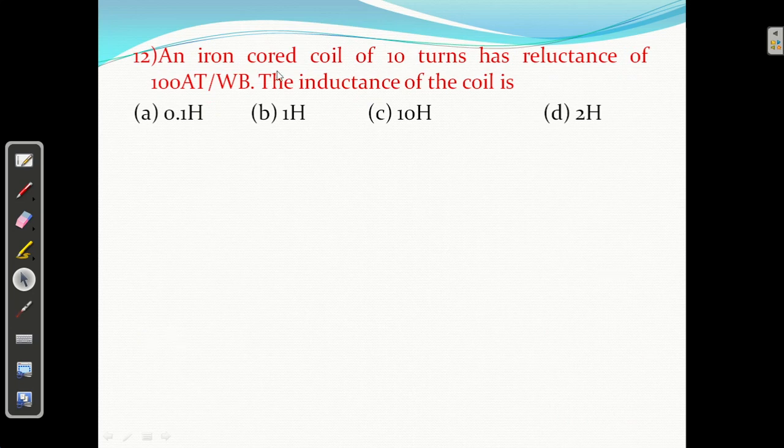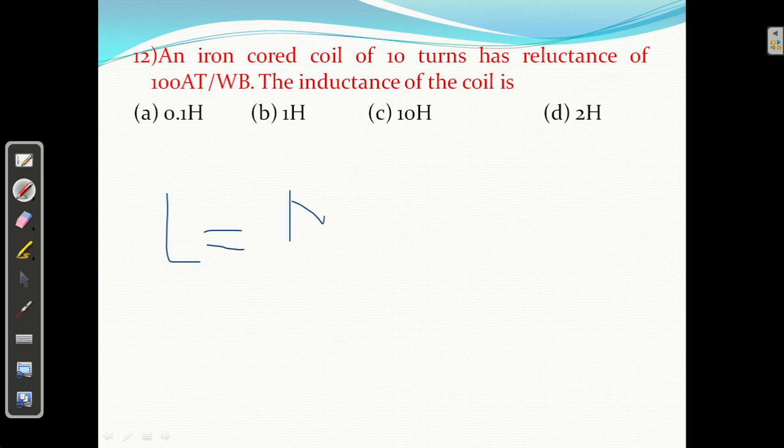Okay, next question. Question number 12. An iron core coil of 10 turns has reluctance of 100 ampere turn per weber. Find the inductance of the coil. L equal to what?